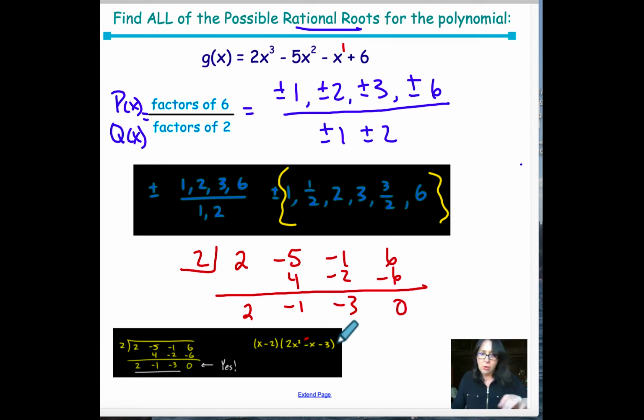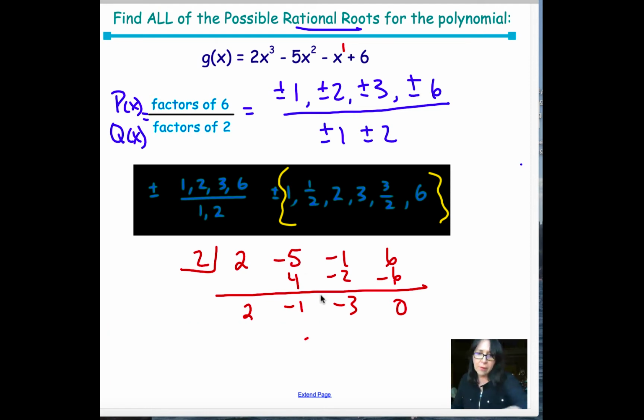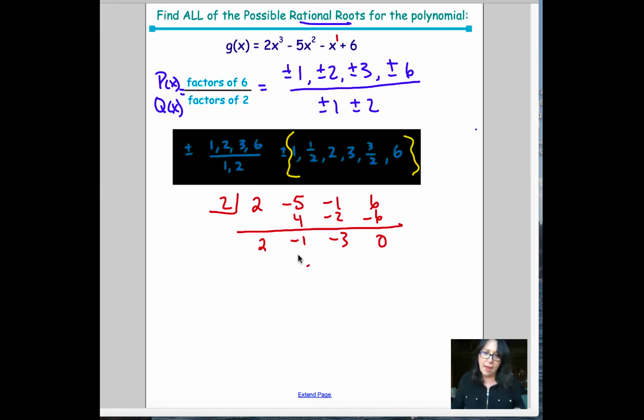So I have a 0. So what this means is that I started with x plus 2, which means x minus 2 is a factor. And then this is what's left: 2x, it was a cubic, I divided by x, so now that has to be squared, minus x, and then minus 3.